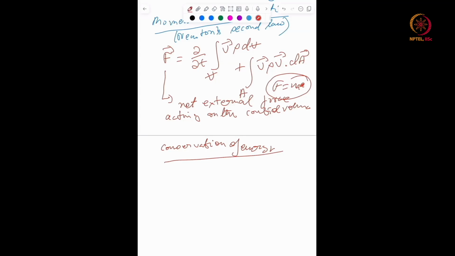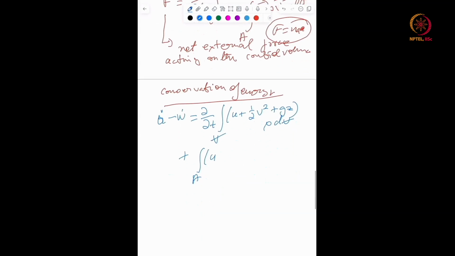Okay. So conservation of energy, when you look at it, is like Q dot minus W dot, and then you have the terms inside. So this is again over volume, Q plus half V squared plus Z rho into dV plus 1 over A Q plus E by rho plus half square Z rho V A. All right.